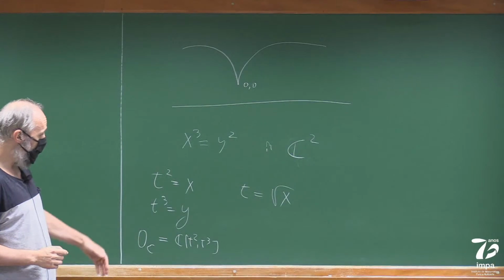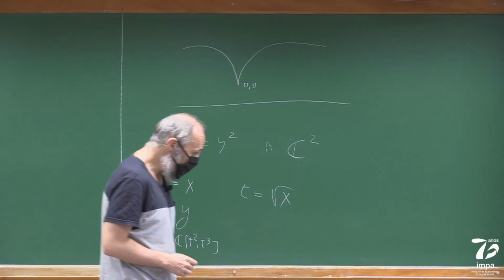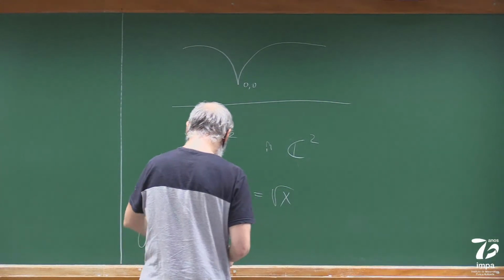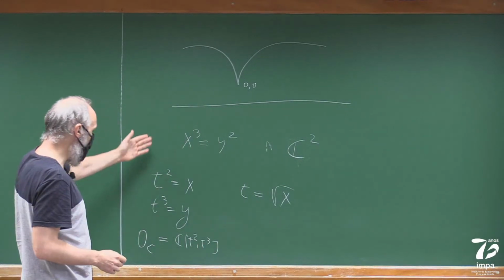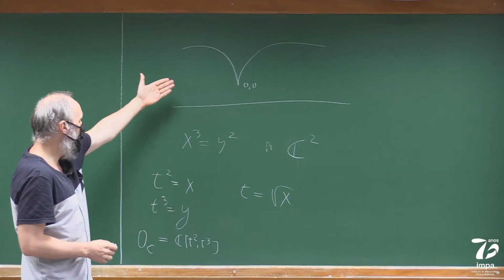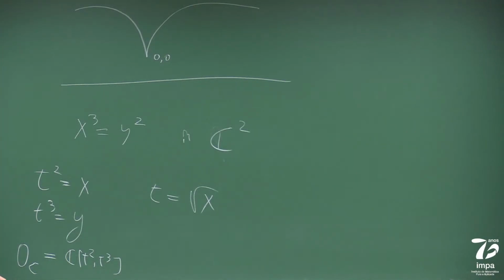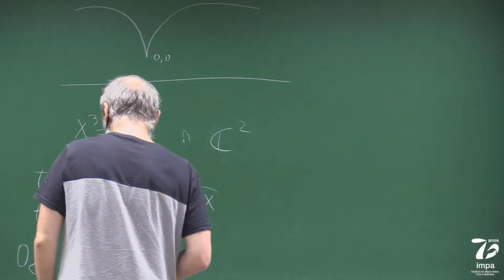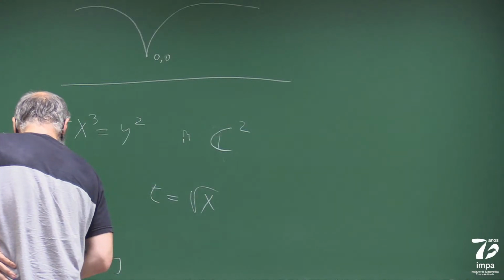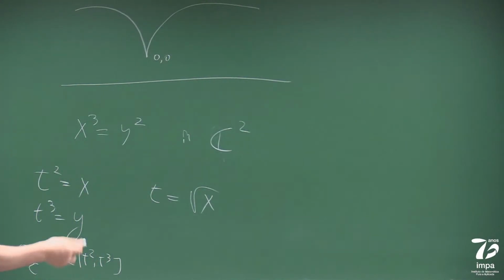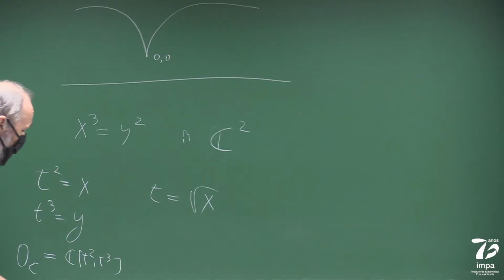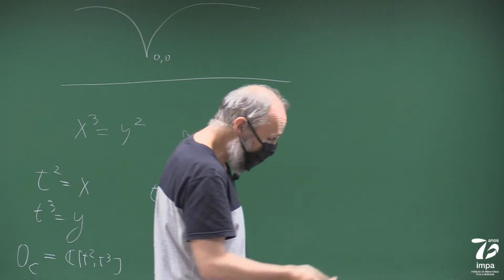So this means that this curve, the singular one, well, you will see that it is singular when I define singularity, but it's clear on the picture that it is singular, is not equivalent to a polynomial ring. I mean, its ring of functions is not equivalent to polynomial rings.